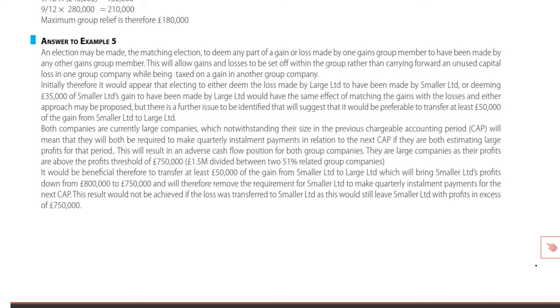The other issue, as we know, we'd like to avoid wasting qualifying charitable donations. Therefore, by being able to move gains around, you could put gains into companies that might otherwise have unused qualifying charitable donations, assuming that is that those excess qualifying charitable donations would not otherwise have been available to be group relieved.